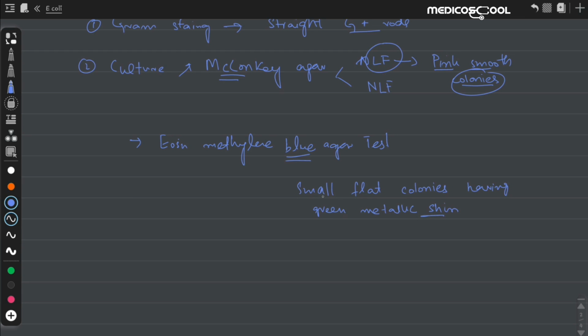These small flat colonies with a green metallic sheen are characteristic of Escherichia coli on eosin methylene blue agar. I will try to show some images to you.